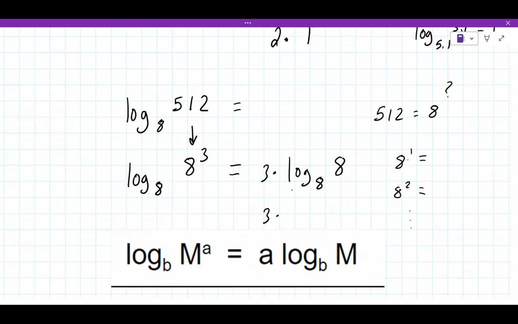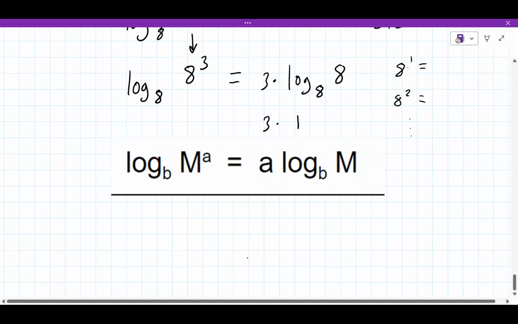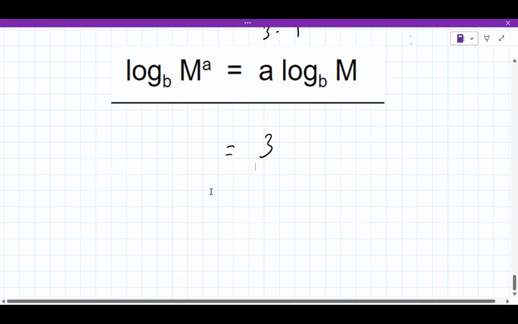So what is the result? What is the final answer here? The final answer is going to be 3. Yes, good.